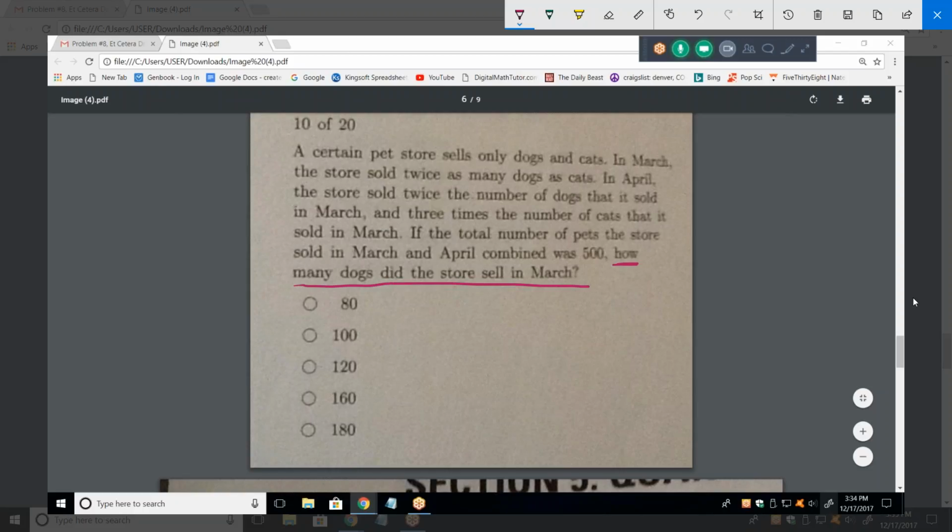Because I can take an answer and plug it in at the very start. In other words, if I pick 100, then I sold 100 dogs and twice as many dogs as cats, so I had to sell 50 cats. And I can then proceed through the entire problem and see if I get 500.